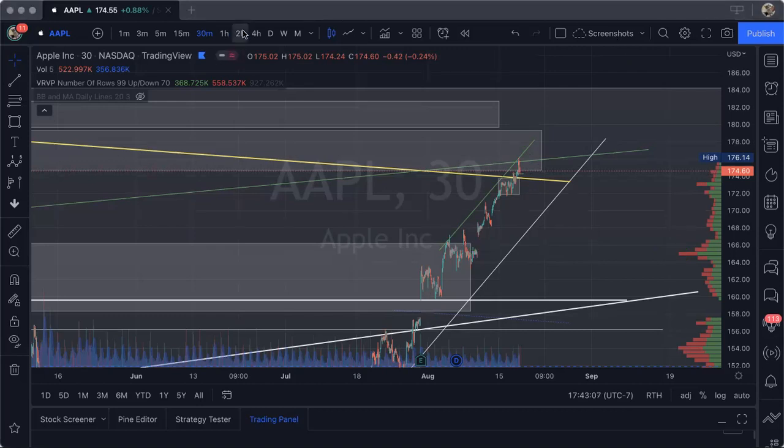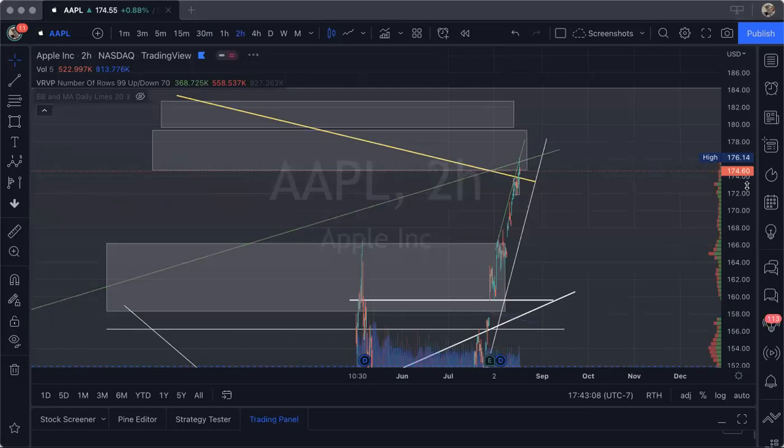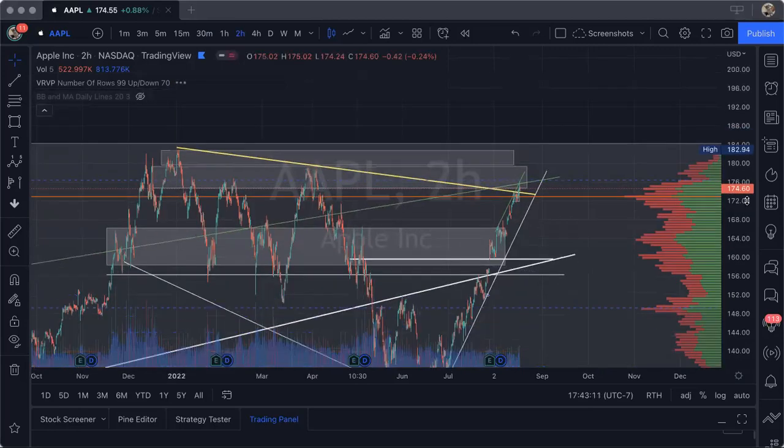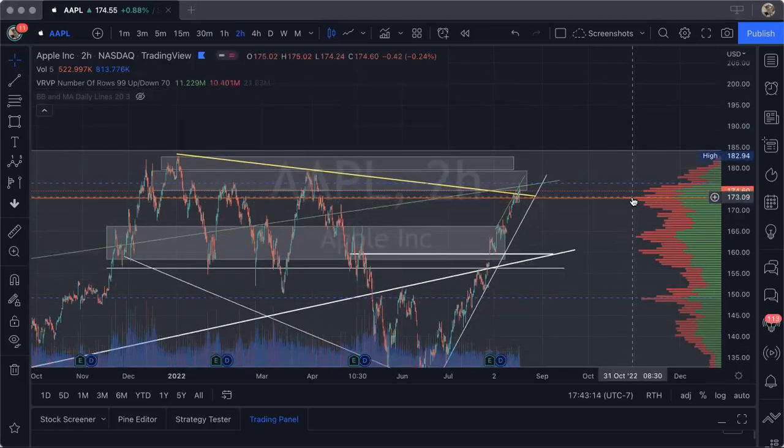I want to consider the left side, so let's pull that closer. Okay. All right. We're now above the point of control, right? And we're getting close to what these blue bounds are for us, that first standard deviation.